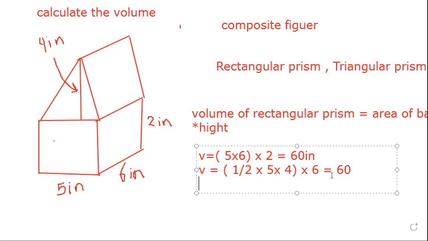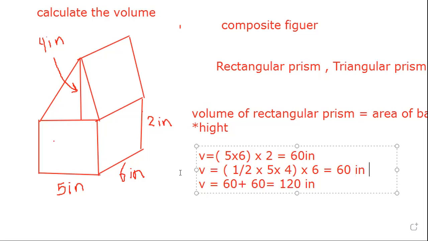By the end, we are looking for the volume of the whole figure, so it will be the sum of the two volumes. It will be equal to 120 cubic inches. Understood, Ibrahim? Yes.